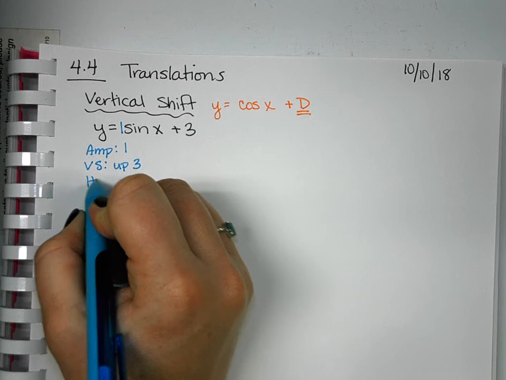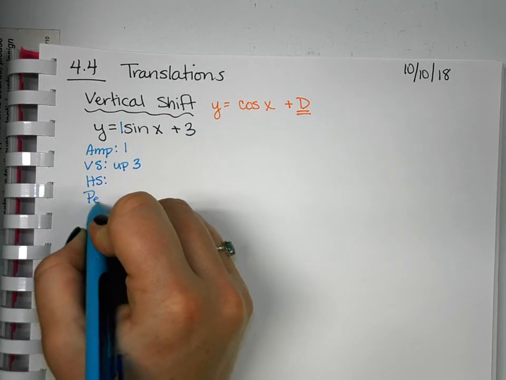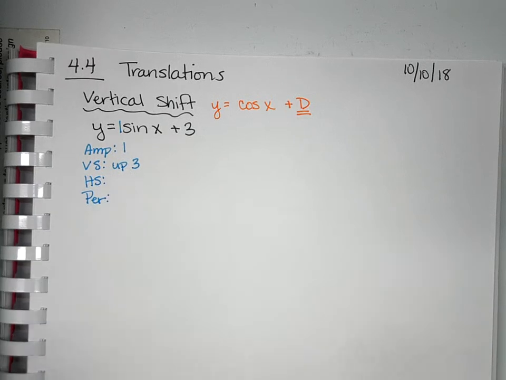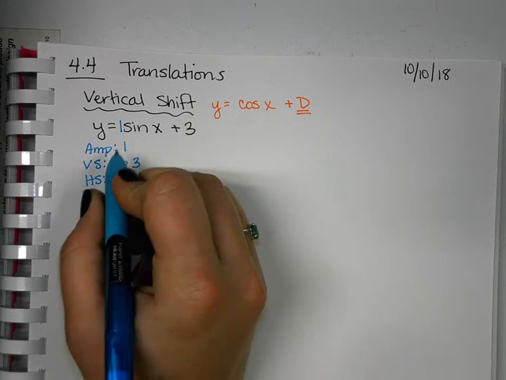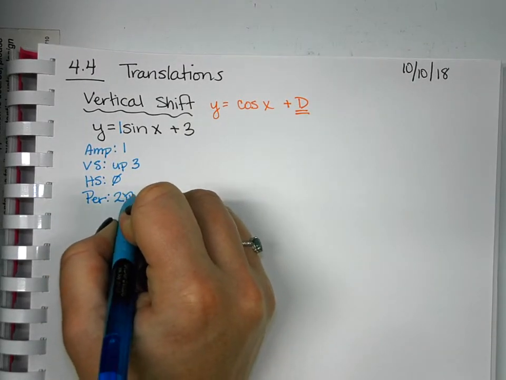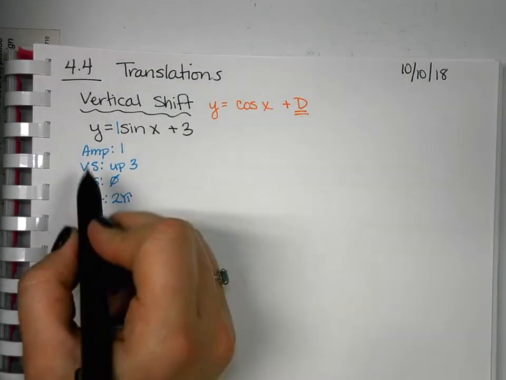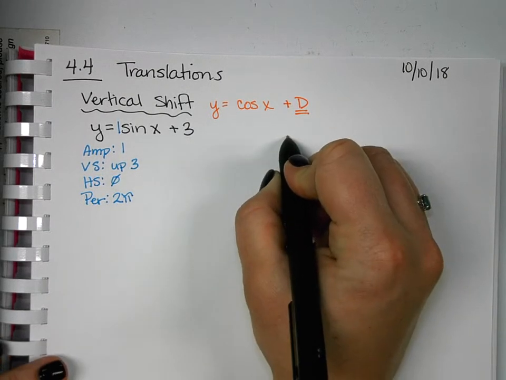We haven't gone over horizontal yet, and then we're also going to be learning about our period shift, otherwise known as a phase shift. So right now we don't have a horizontal shift, and our period is still a length of 2 pi. Your period is the length from the start of your graph to the end of the first period of your graph. So right now the only thing that we're changing is our vertical shift.